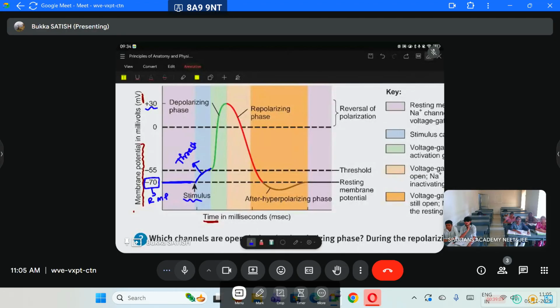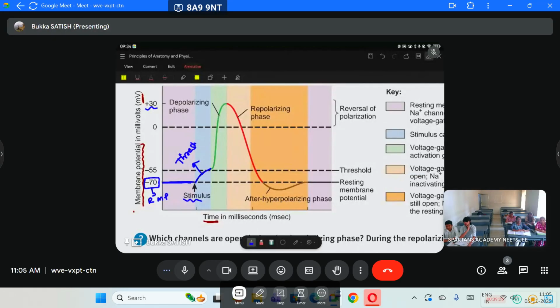After that, again it is changing back to minus 70. This phase is what we call the repolarization phase, shown in the orange color here.